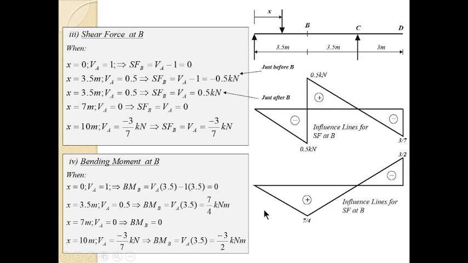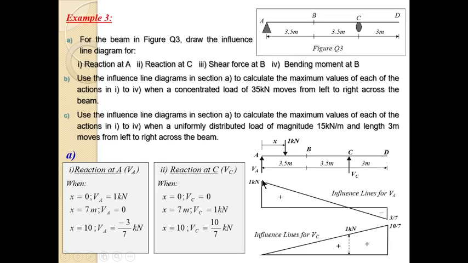Common sense will tell you that you place it at the big points, either at this point A or at this point D. But at this point, the coordinate is 3 over 7, which is less than 1. At this place, it is 1. That means you will place the 35 kilonewton load here at this point. This will give you the maximum reaction at A.